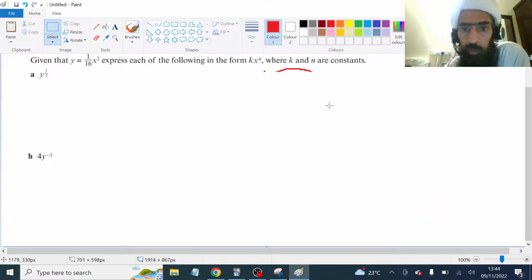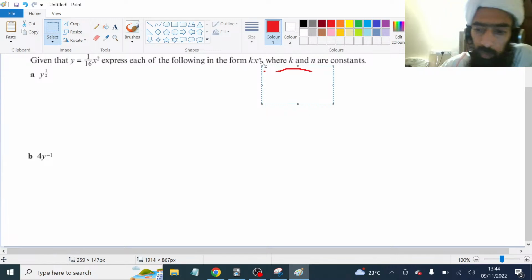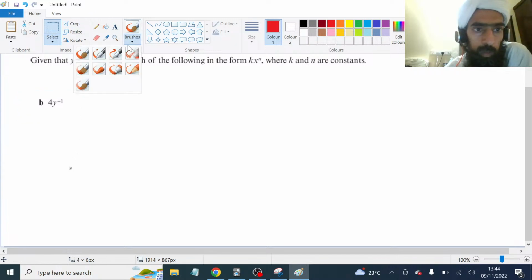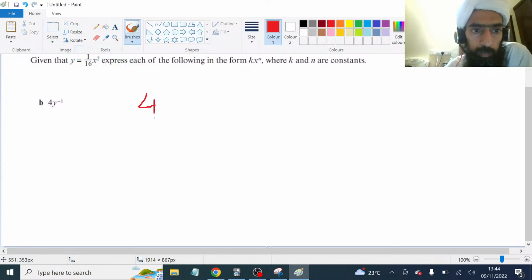So this one is 4y to the power minus 1. Just have a look at that and have a think. What do you think we can do here? We'll start off as before. We will do the substitution. So I've got 4y to the power minus 1. I can put brackets around the y.